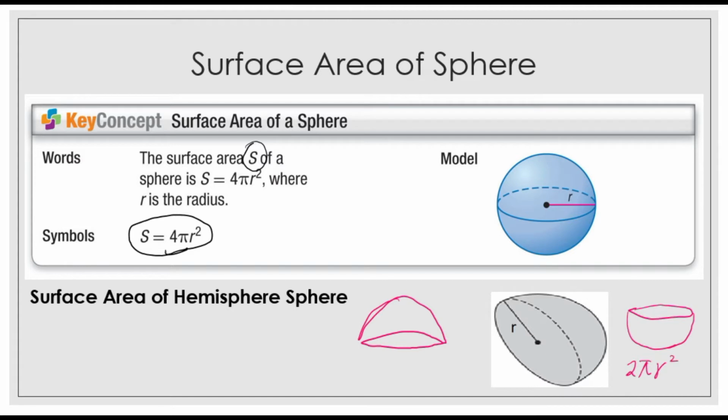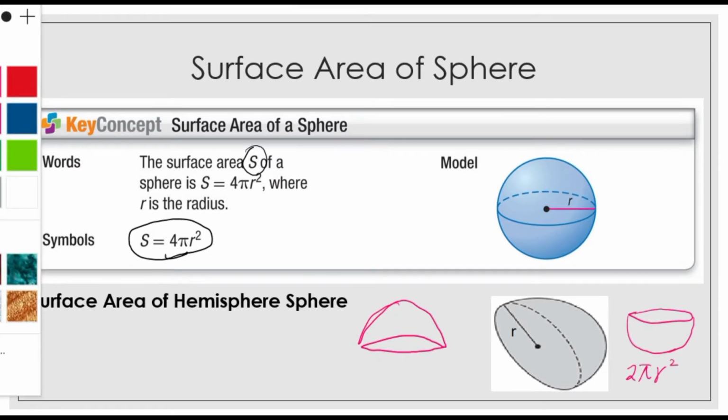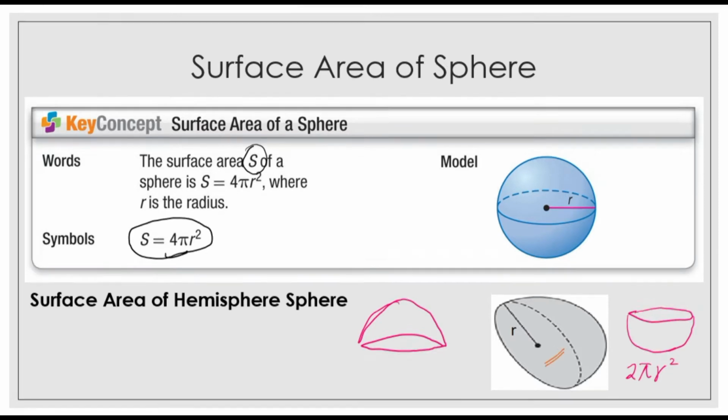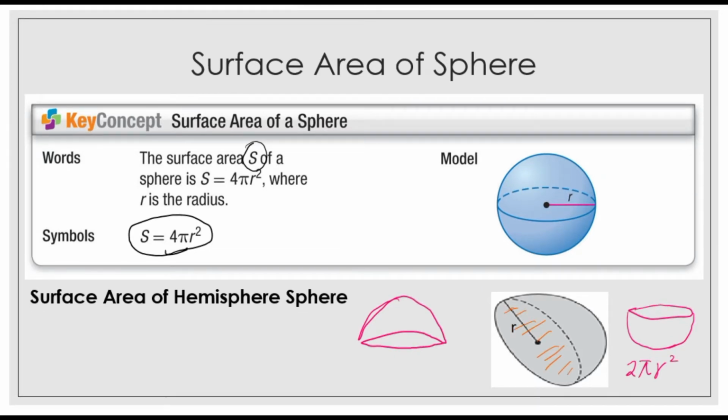But for the surface area, we have to add the area of this lid as well. The lid is a circle, so its area is pi r squared. So the total surface area of the half sphere, or hemisphere, with the lid is going to be pi r squared plus 2 pi r squared.